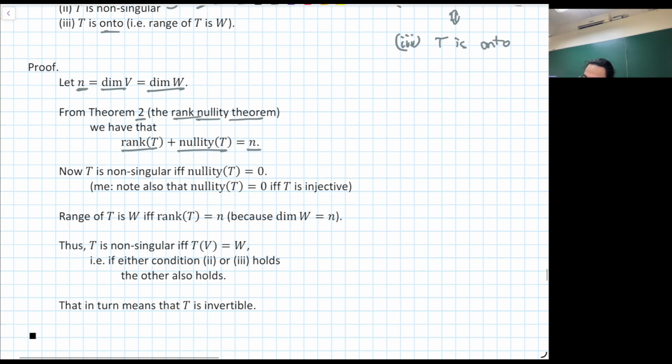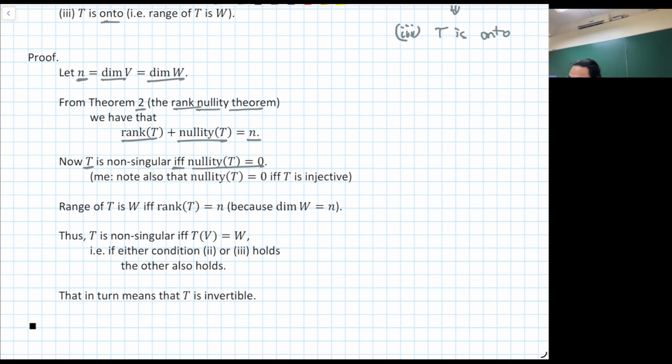Now T is non-singular if and only if the nullity of T is 0. That is essentially the definition of non-singularity. And the nullity of T is 0 if and only if T is injective.